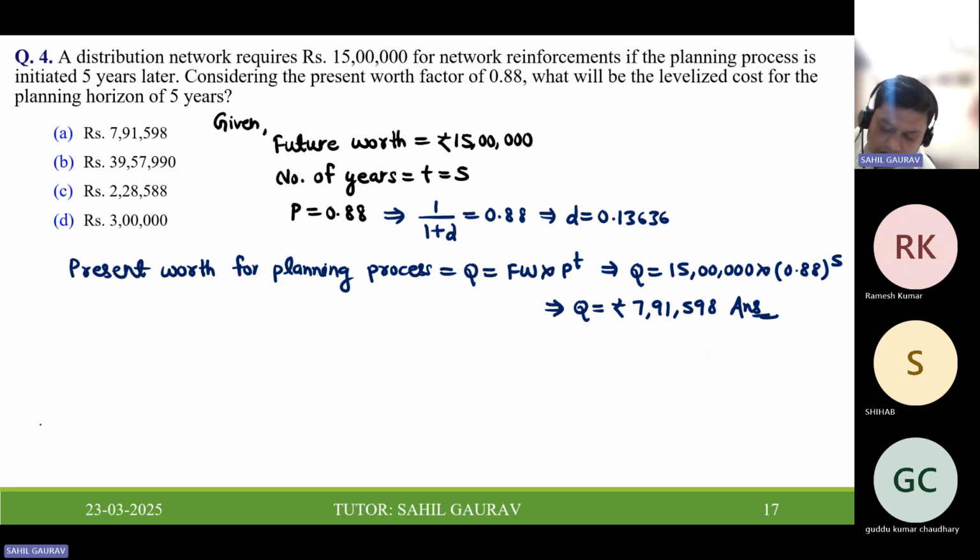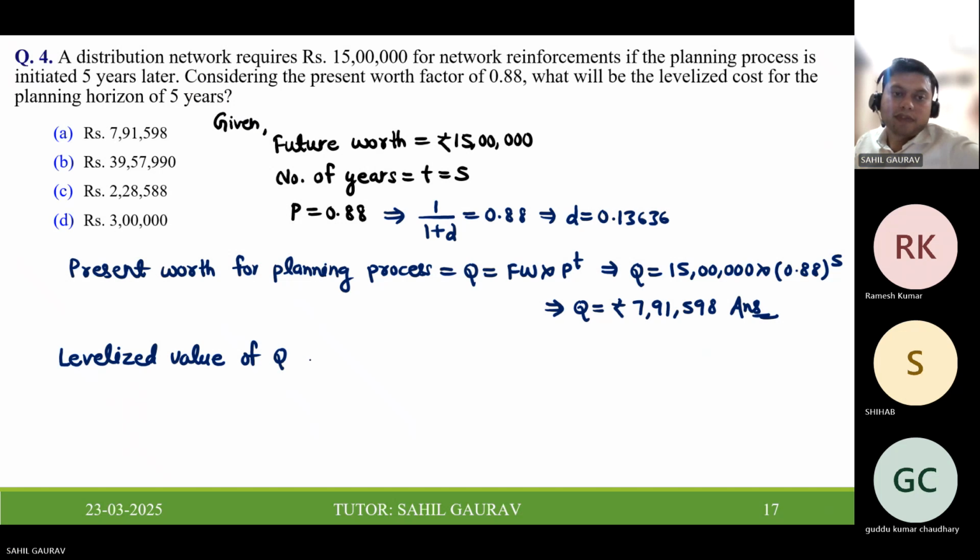Now you apply the expression, you will get the answer for levelized value. So we know the expression for levelized value. Levelized value of Q for T years equal to Q into D into (1 plus D) upon T upon (1 plus D) upon T minus 1.